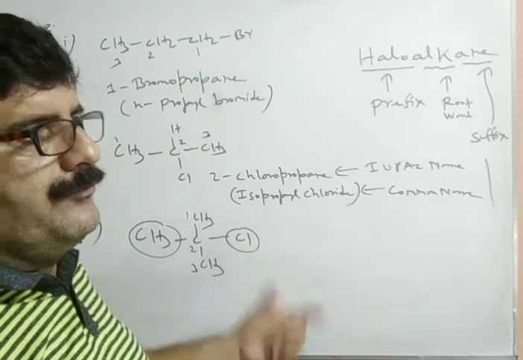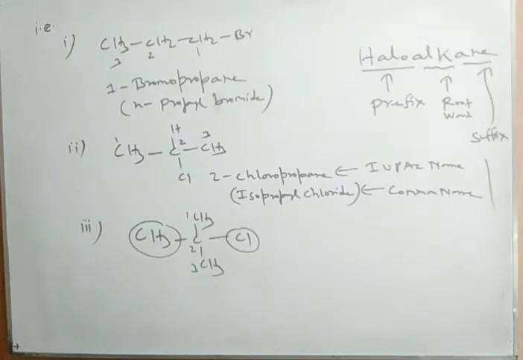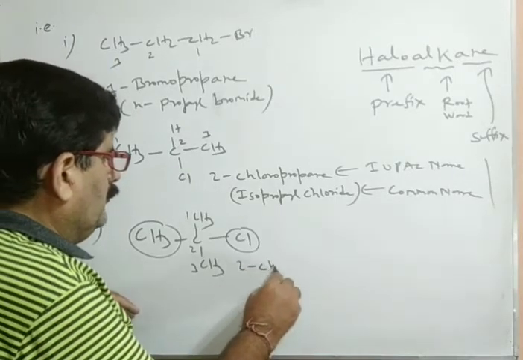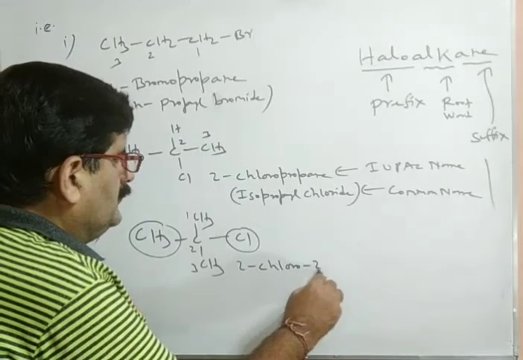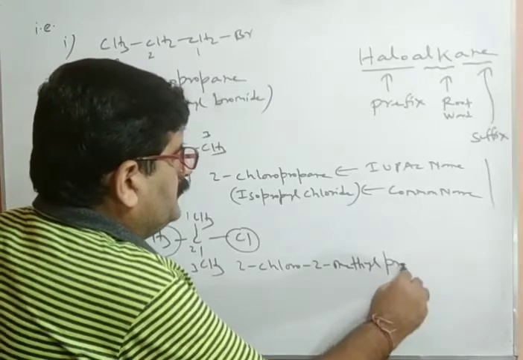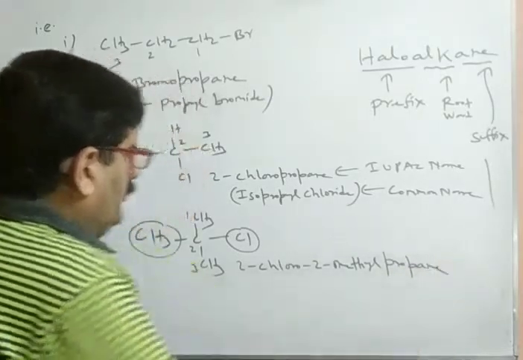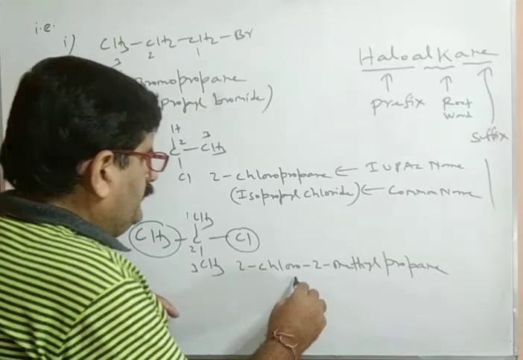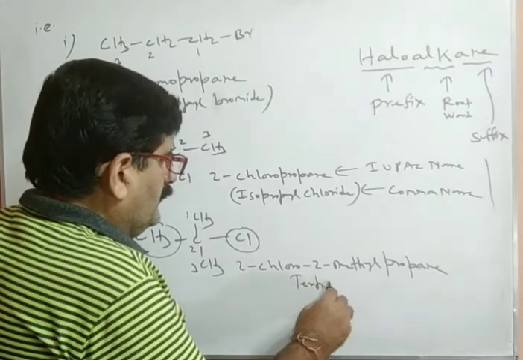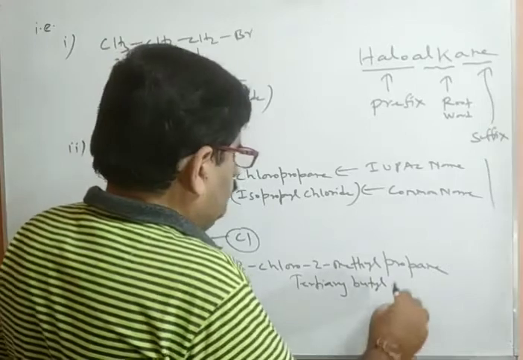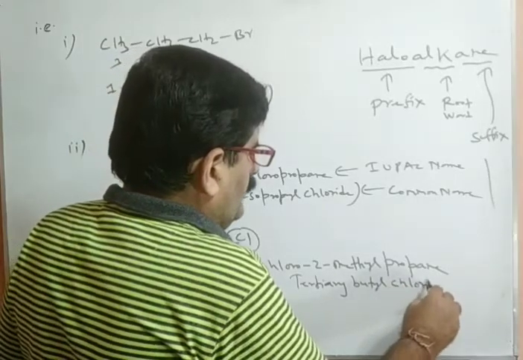First we write down chloro because naming is according to alphabetical order. 2-chloro-2-methylpropane. The common name is tertiary butyl chloride.